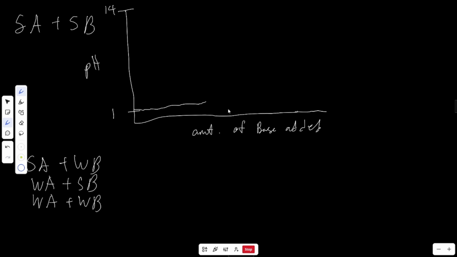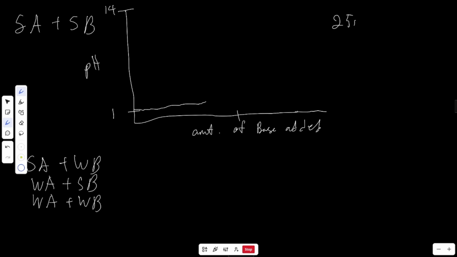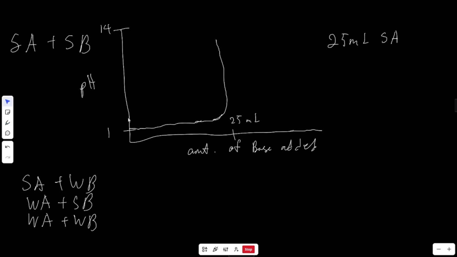Now, let's say that we had 25 ml of strong acid. At a certain point, near that 25 ml, this is 25 ml right here, there's going to be a sharp turn upward. And since it's going to slowly turn into a strong base, it's going to level out to the point where it approaches the strong base pH.